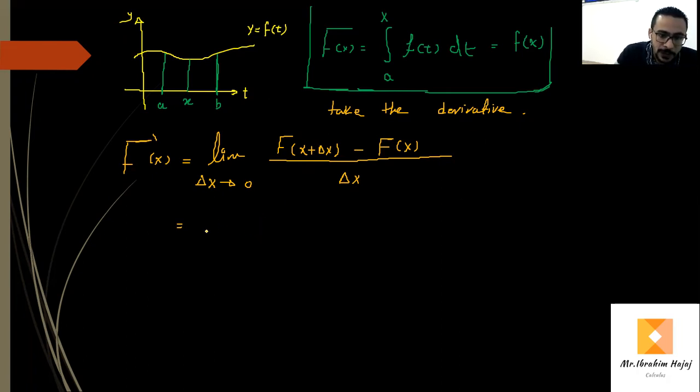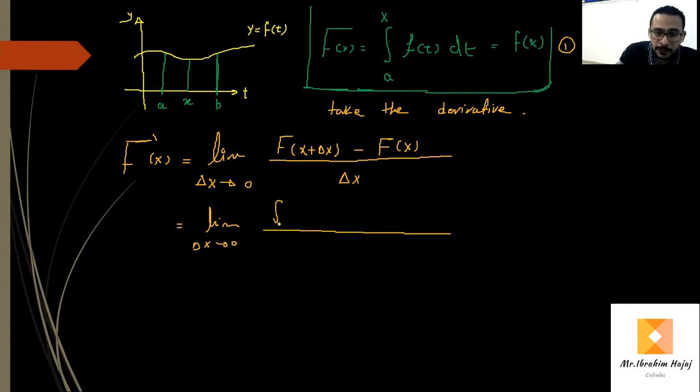You will find, guys, what's the limit here as delta x approaches 0 of, pay attention please, f of x plus delta x minus f of x, over delta x. Here is a fraction, and let me substitute in number 1. Instead of x, I'm going to substitute x plus delta x.